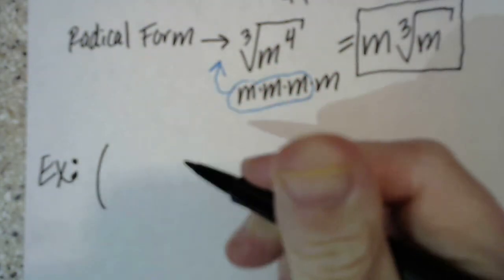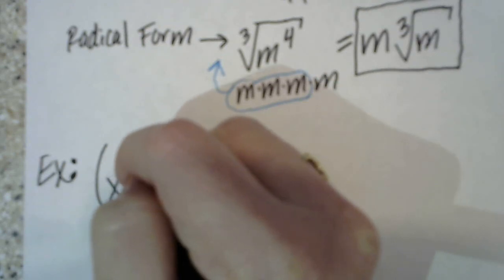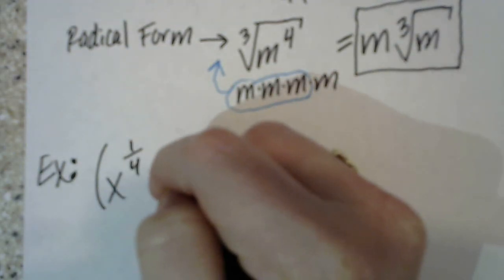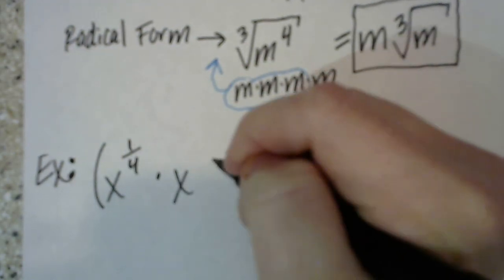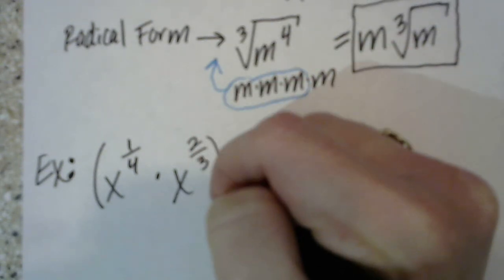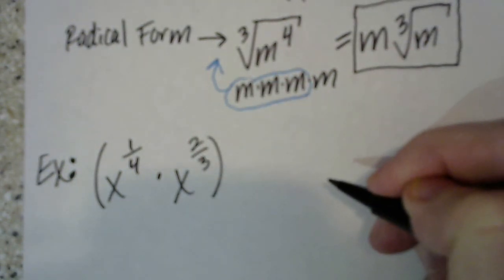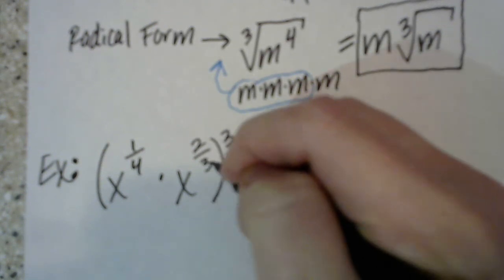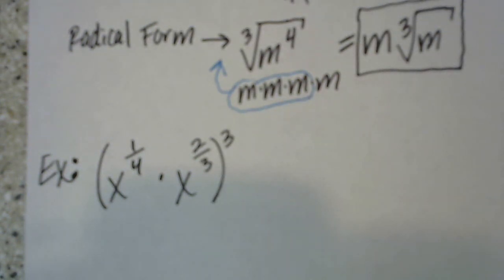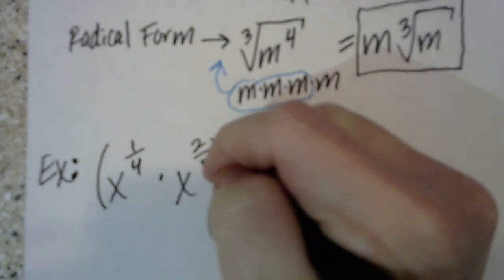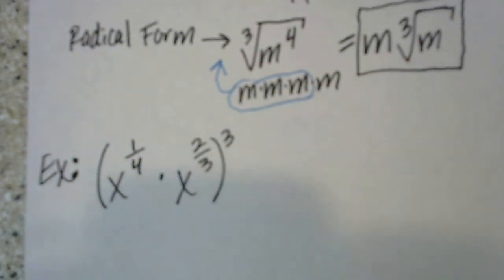Let's say I have x to the 1/4 power times x to the 2/3 power, and all of that is raised to the 3rd power. Well, there are some choices here because they have the same base.